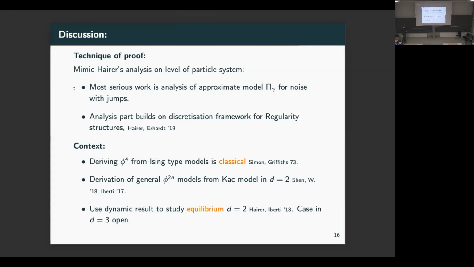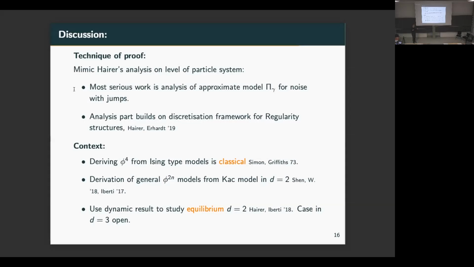One interesting point that Massimo and Martin did a couple of years ago is this: the result that I stated on the previous slide is a conditional convergence result. It says, assuming that the initial data converges, then the Markov process converges. So in a sense, it's a convergence of Markov semigroups, if you want. But how do you know that the initial data converges? The most natural initial datum would, of course, be the equilibrium.